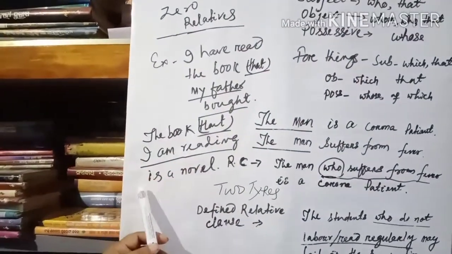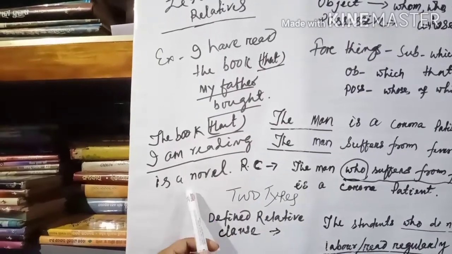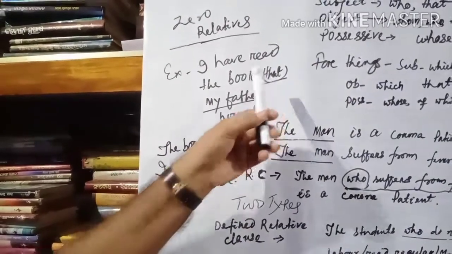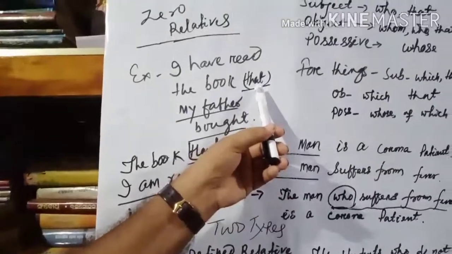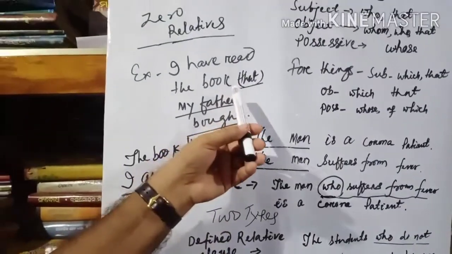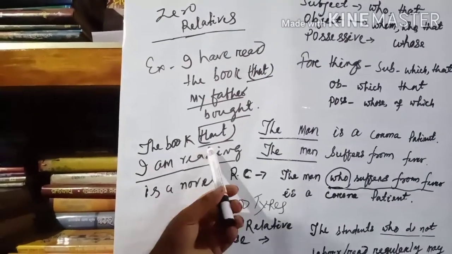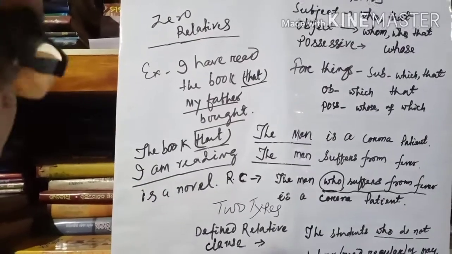The book is a novel is the principal clause. That I am reading is the relative clause. But in the relative clause, the relative pronoun that in the first sentence can be dropped, and in the second sentence that can be dropped. Why can it be dropped?